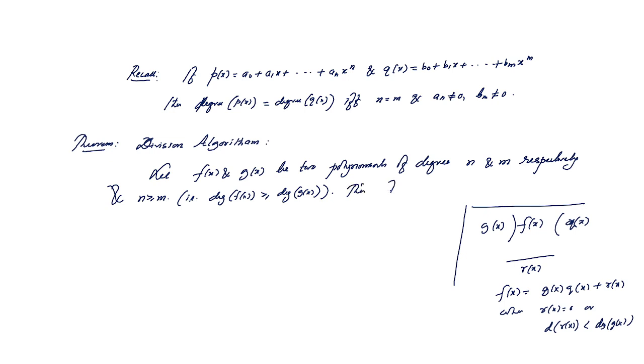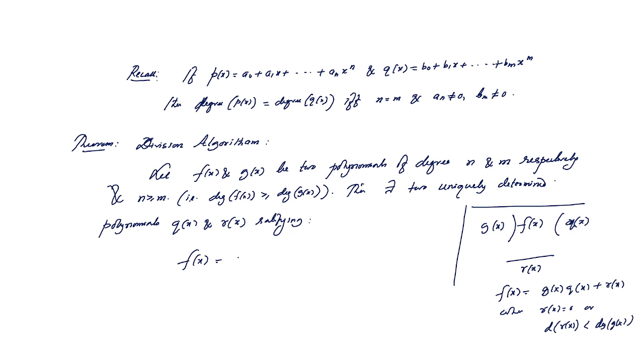Then there exist uniquely determined polynomials, the quotient and the remainder both are unique, q(x) and r(x), satisfying f(x) equals g(x) times q(x) plus r(x).